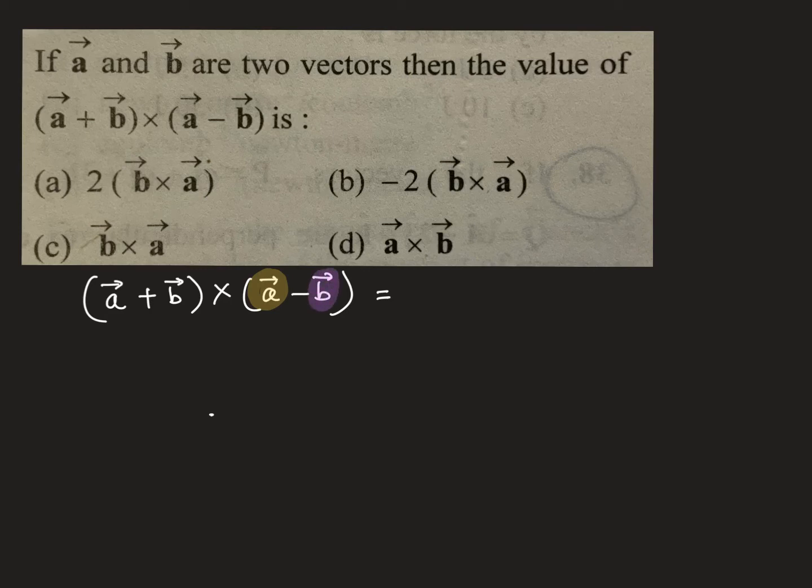So that is A cross A plus B cross A. Always remember it's B cross A, not A cross B; the order should be unchanged.